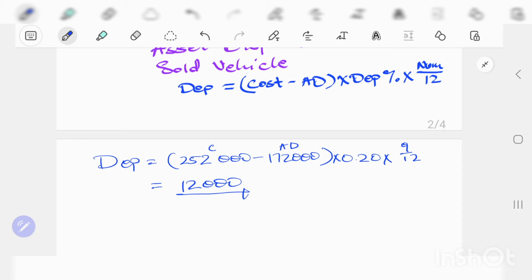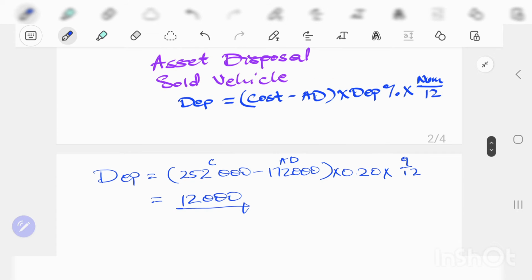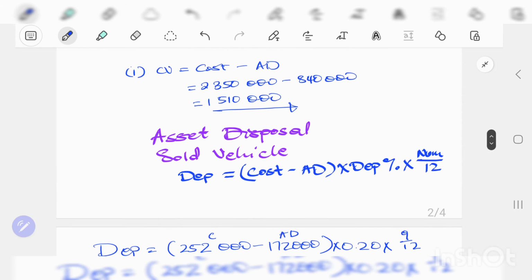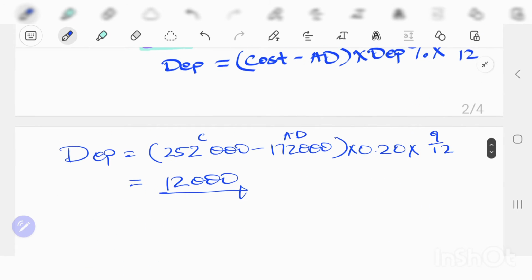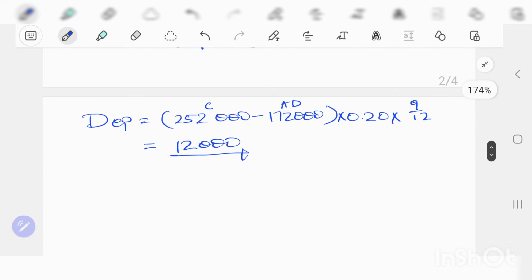So that means that before we sold the asset, it depreciated in value. So it went down in value by how much? By 12,000 rands. And so this is part of the depreciation of the sold vehicle. And so now the next step on this vehicle that was sold is for us to calculate what they want, which is the disposals.